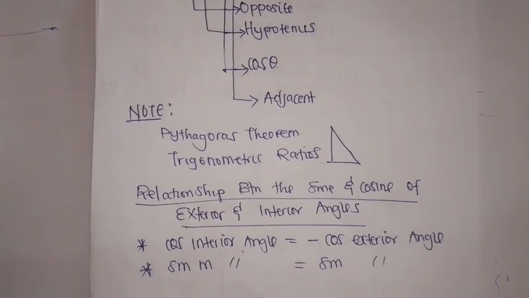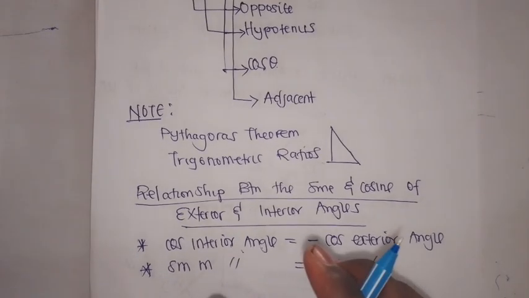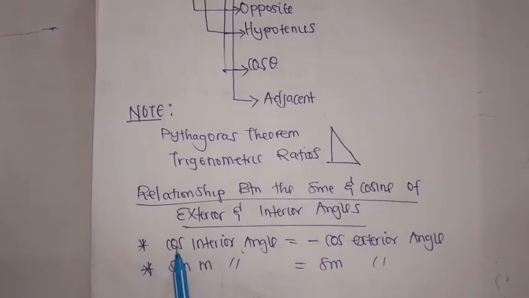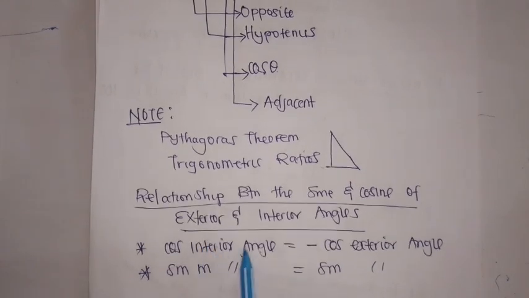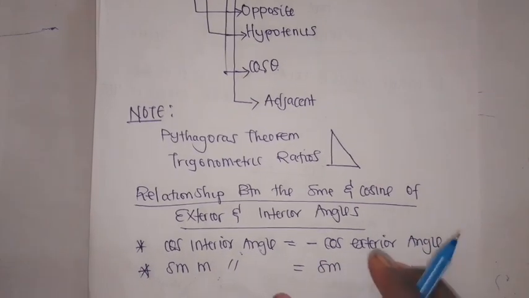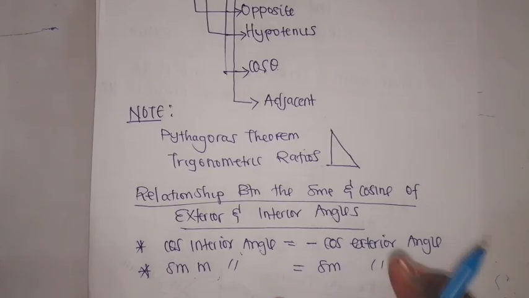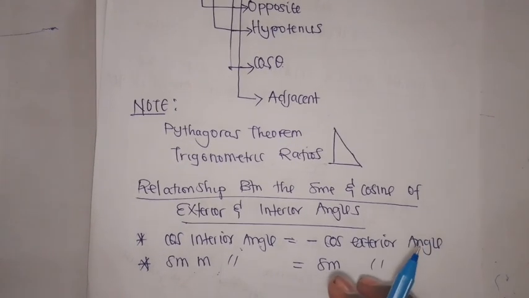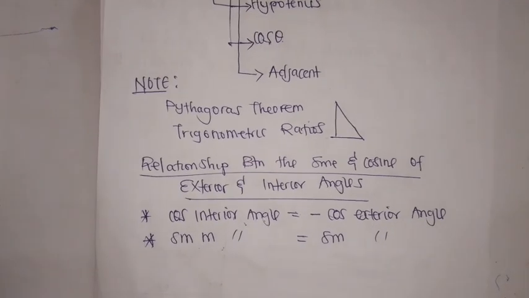So what changes only is when it comes to cos. When the interior angle is positive, then the exterior is going to be negative and vice versa. But when it comes to sine, everything is possible, interior and exterior. Take note. Let's go to the next type of triangles.